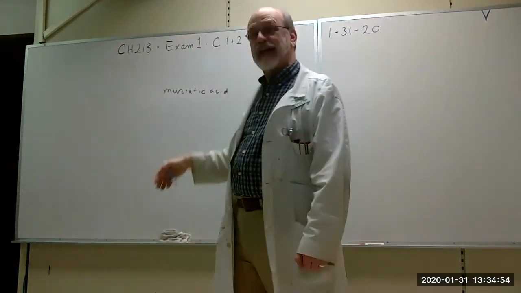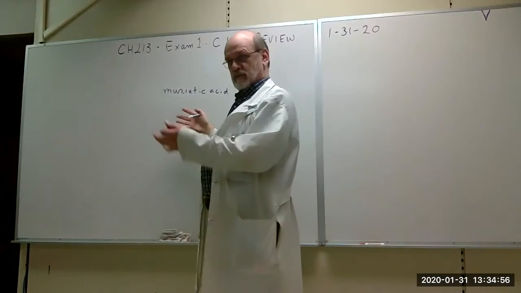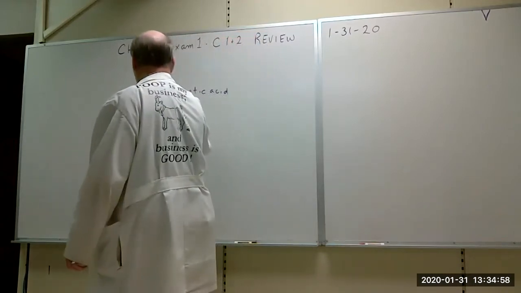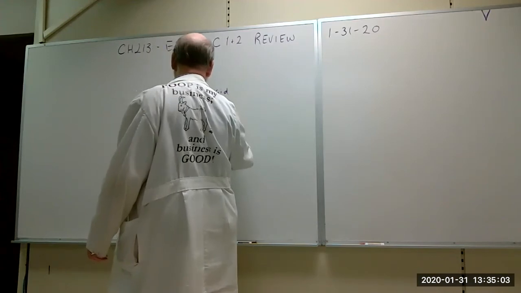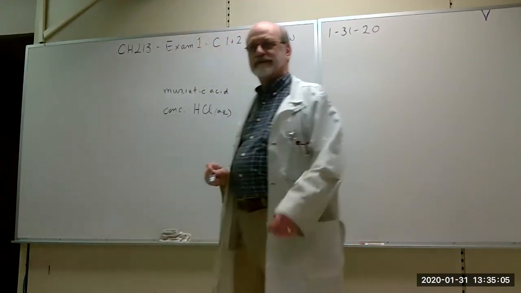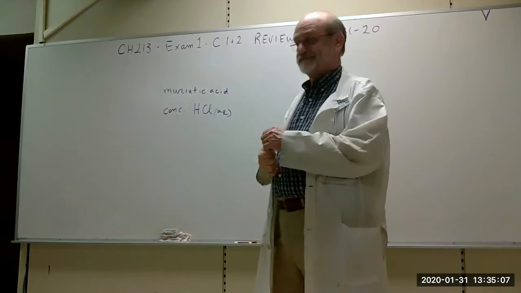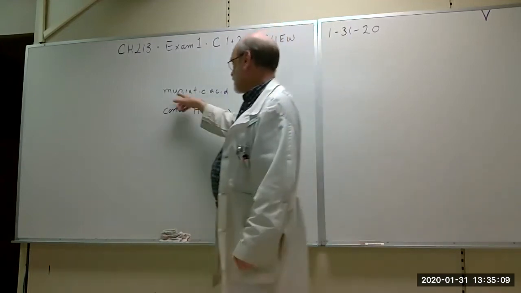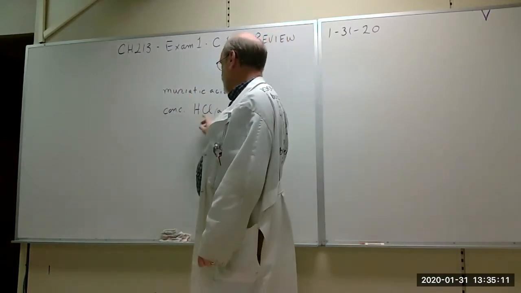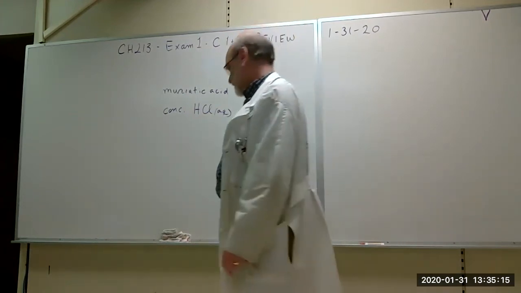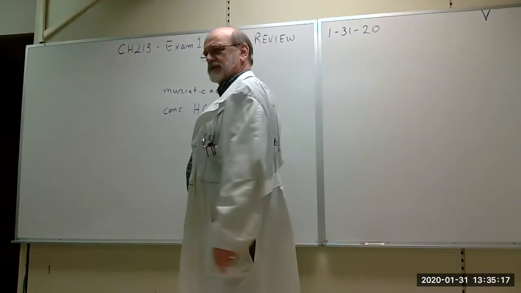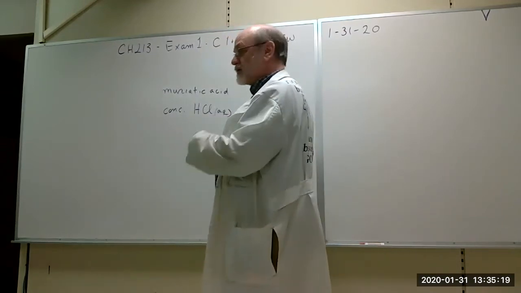They still sell it as muriatic acid. All it is is concentrated hydrochloric acid. The muriate part comes from compounds of chlorine. It's an archaic form. I'm not going to ask you that. It just illustrates that some things you just can't get rid of.